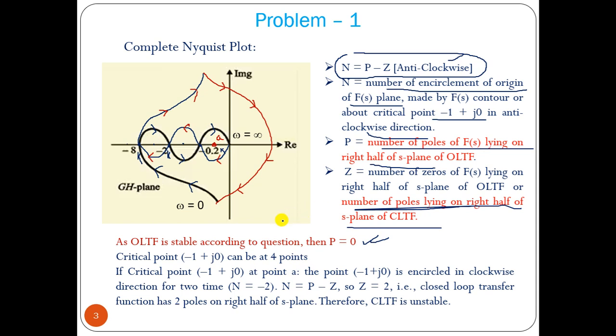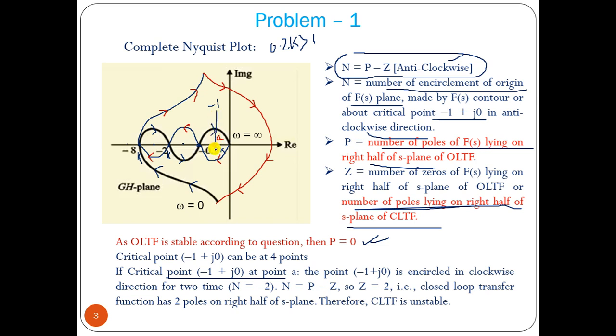Let us consider point A. This is the point A, which is the critical point. So this is the point minus 1. That means here it is 0.2k, so 0.2k is greater than 1. This point is 0.2k, that is greater than this minus 1.